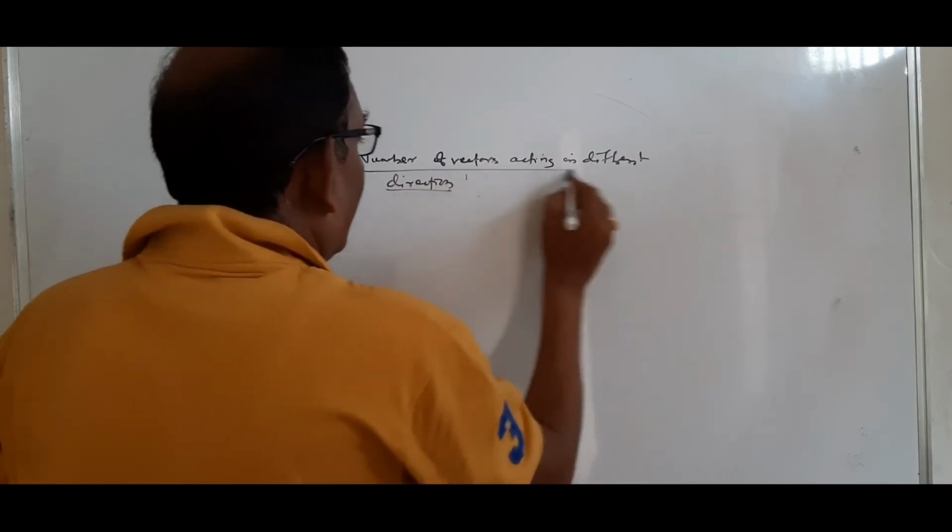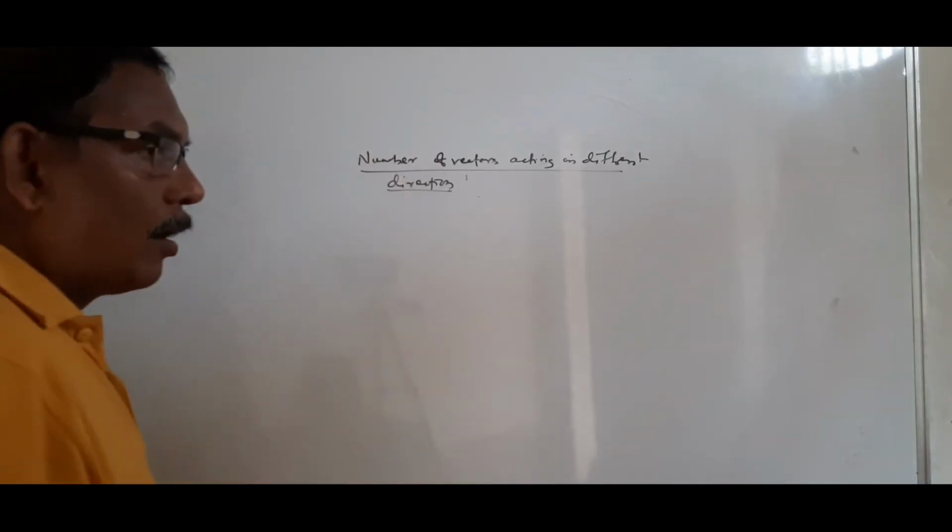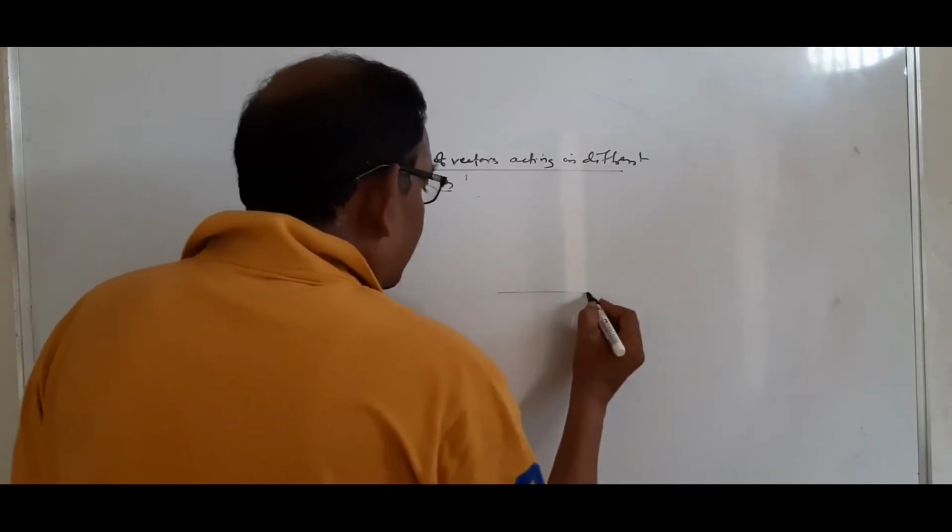But you have to find out the resultant by using the law of polygon. So now, suppose vectors are given in this way.